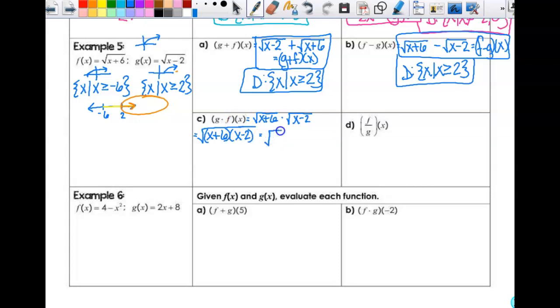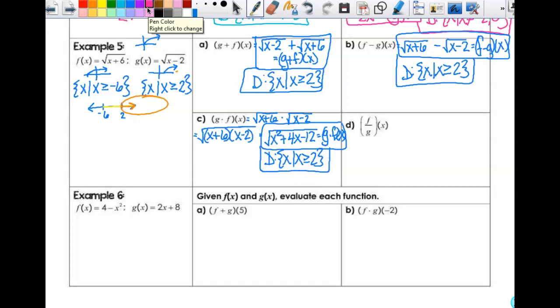So that becomes the square root of x squared plus 6x minus 2x, so that'll be plus 4x and then minus 12. Okay? And then I can't take the square root of that. I can't just take the square root of x or x squared, and it's not a perfect square trinomial, so this does equal g times f of x, and that's the best I can do. Right? So then my domain is the same as the rest, the set of all x's such that x is greater than or equal to 2. There you go.